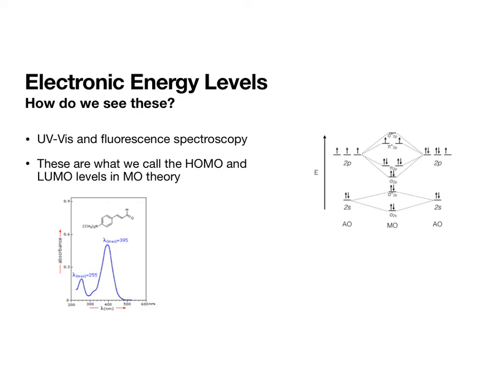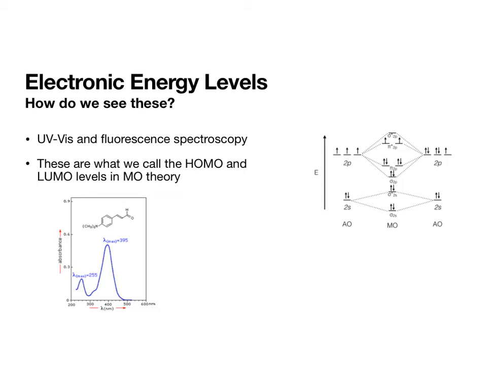Well, okay, great. How do we know this is real? Well, it turns out that we can do UV-vis or fluorescence spectroscopy, and these energy states that we start seeing are the energy states that we call the highest occupied molecular orbital and the lowest unoccupied molecular orbital in MO theory.